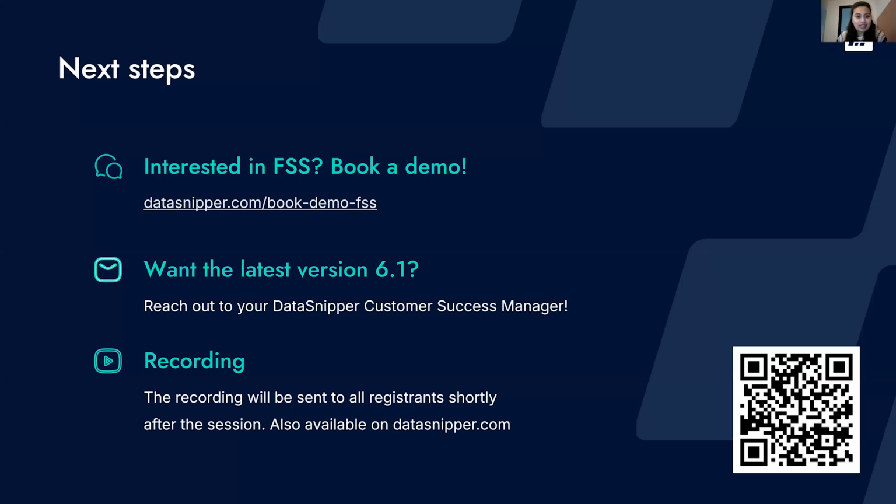Yes, there is an interesting question now. It says, how about the version compare? I think last time it exports to Excel. Has there been changes to that exported to PDF? Very good question. The version compare that you're talking about is not related to the version compare that we have within the financial statement suite. It is something outside financial statement suite, which is part of our Data Snipper core platform.